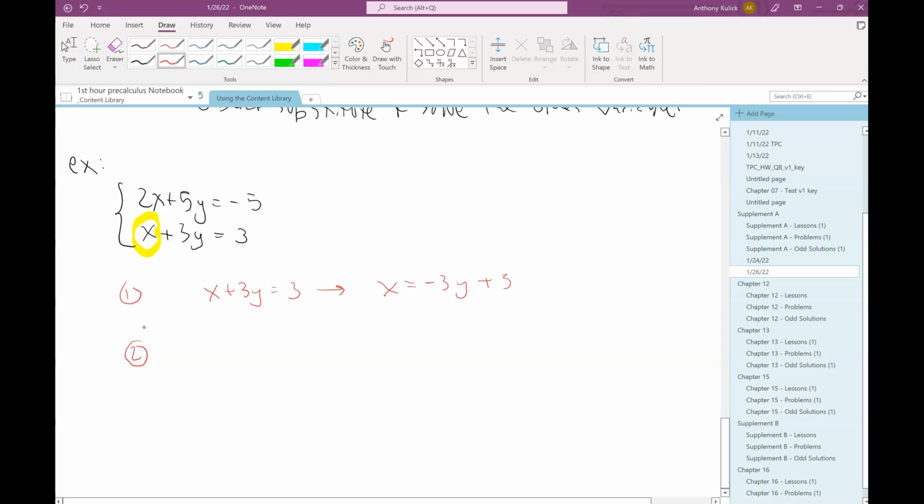In step 2, since I know that x is equal to negative 3y plus 3, I'm going to plug that into the first equation. So I'm going to take my first equation, and in place of x, I'm going to write what x is equal to, which would be negative 3y plus 3.